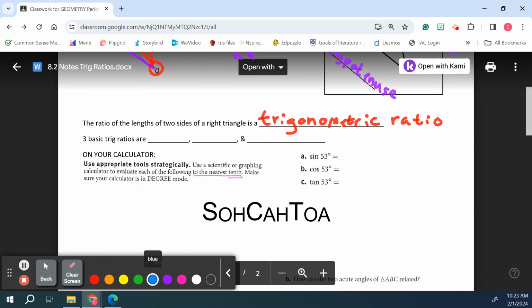The three basic trig ratios are sine, cosine, tangent.